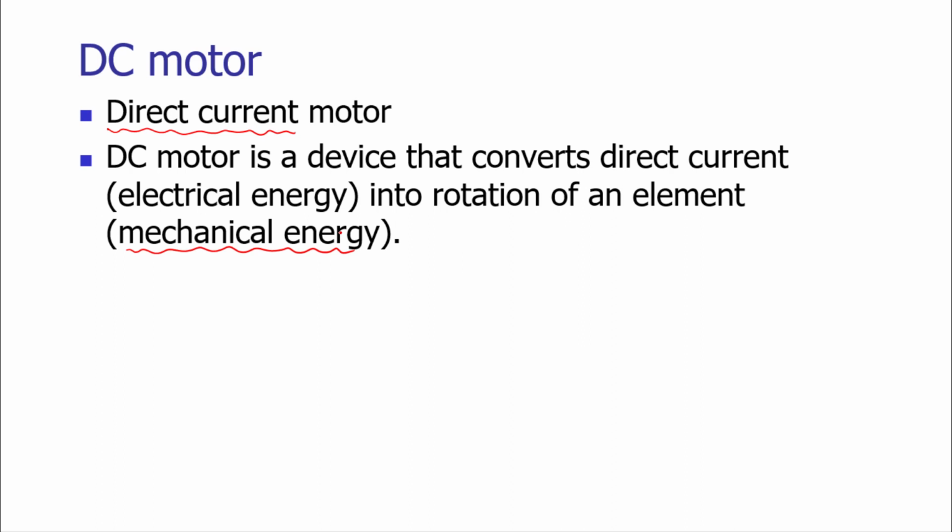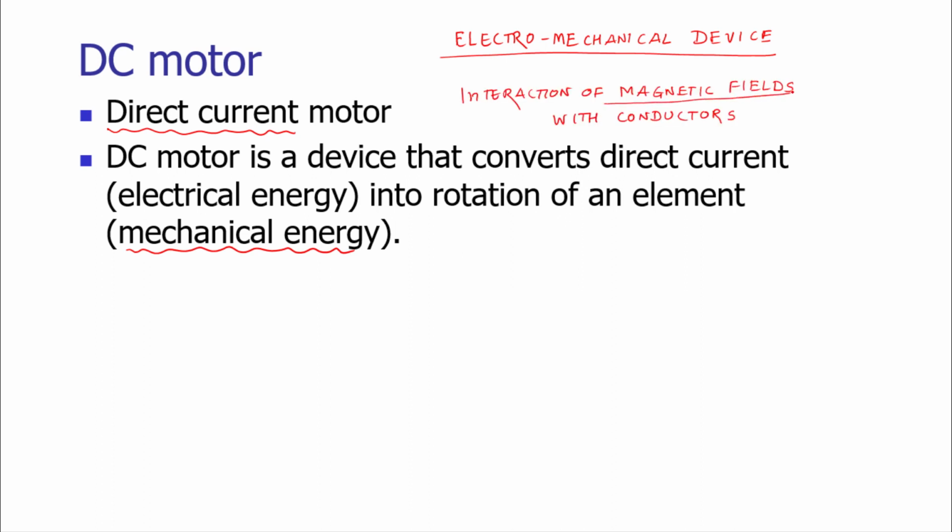DC motor is an electromechanical device. In this device, basically, we are getting the interaction of the magnetic fields with the conductors. These magnetic fields are generated by using the electrical energy and then we produce the mechanical energy due to the interaction between the magnetic fields and the conducting elements of the device.